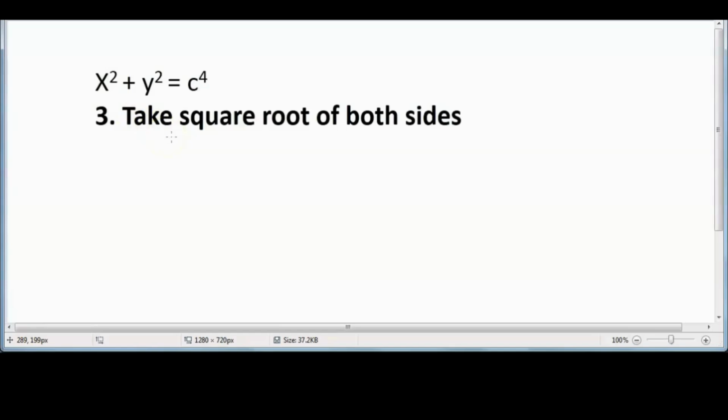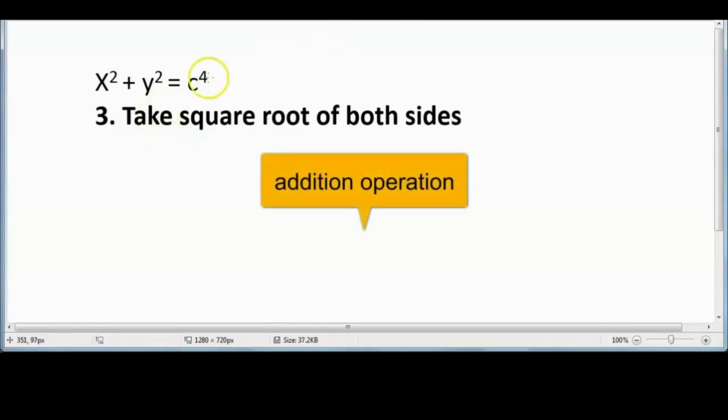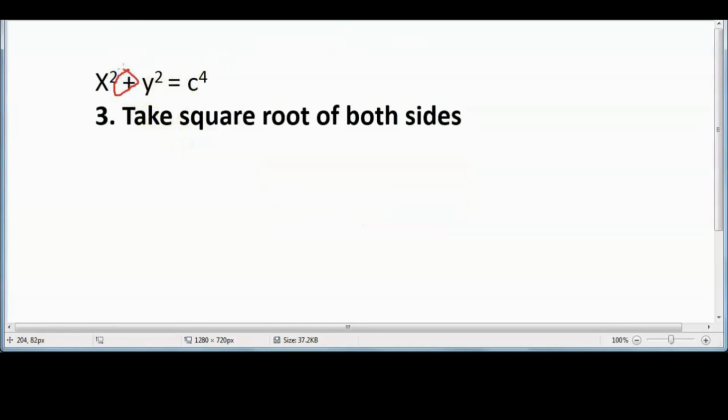So we begin all over again. The relationship between x squared and y squared is in the addition operation. The opposite of addition is subtraction. So you subtract x squared from both sides.